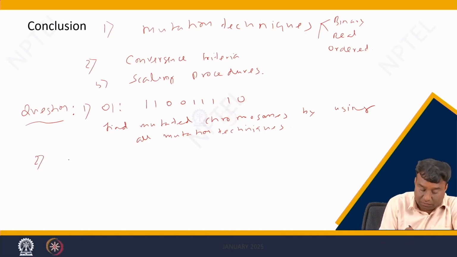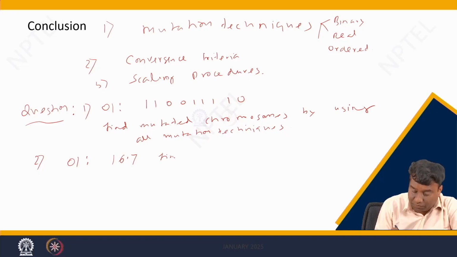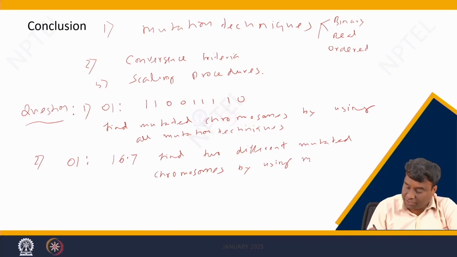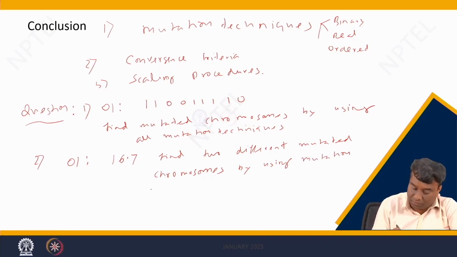Second, O1 is something like 16.7. Find two different mutated chromosomes by using the mutation techniques for real coded, the same techniques for real coded.